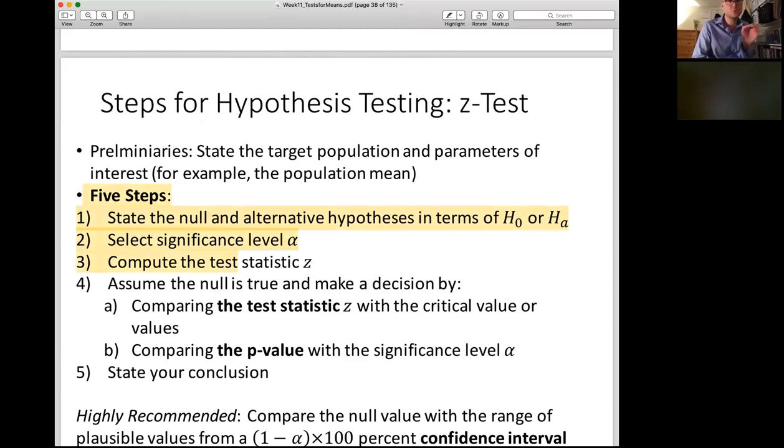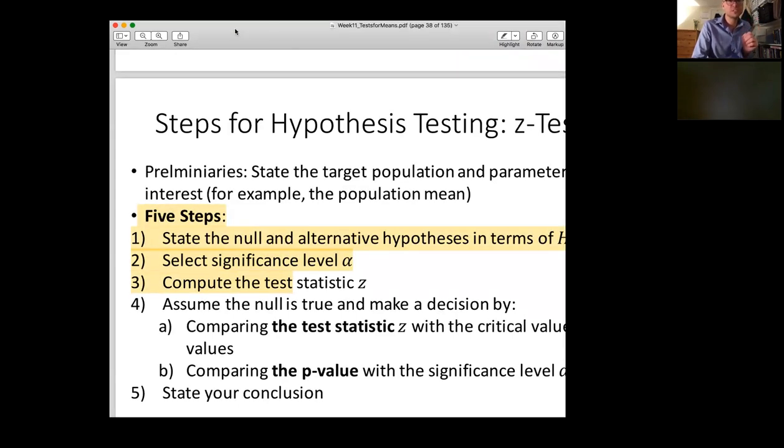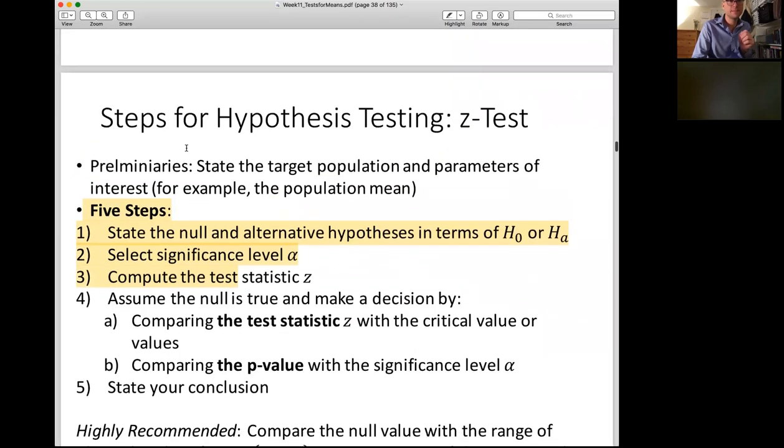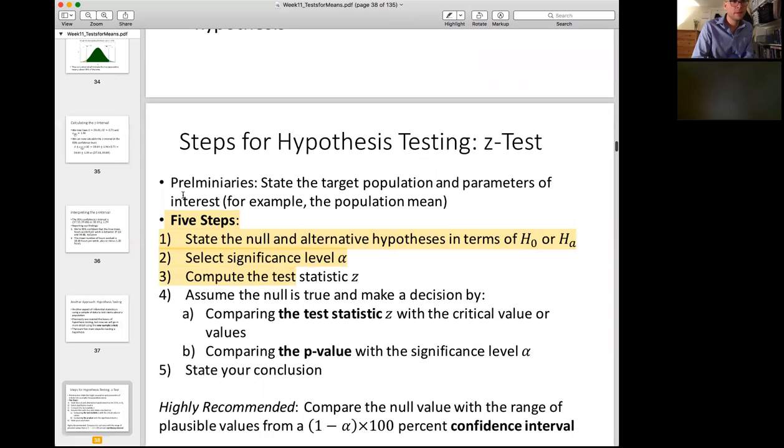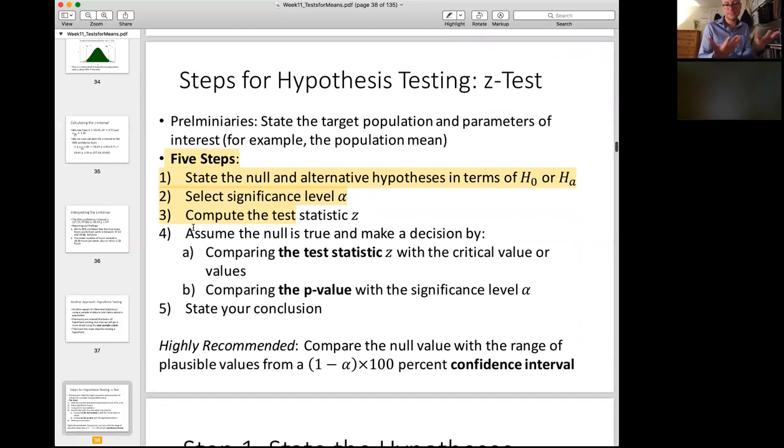Before we do that, I do want to show you this slide. I think I'm sharing this. This is something you should thumbnail. I don't like it because science is more iterative, but you need to know this. Science is typically, you look at the data, you have a hunch, you look at things; it's more circular, more intuitive. But remember these 5 steps. You state the null and alternative hypotheses.